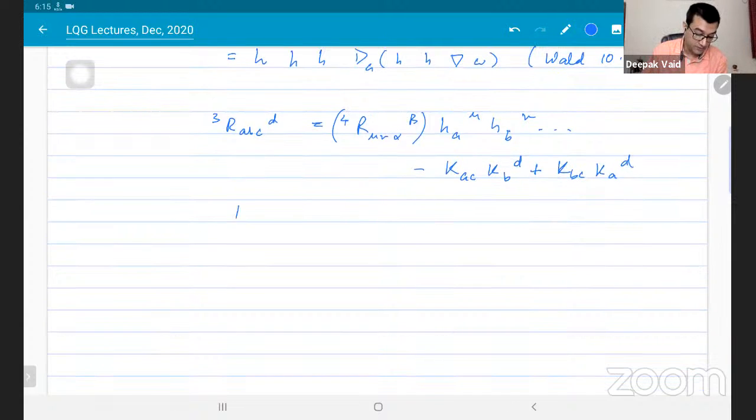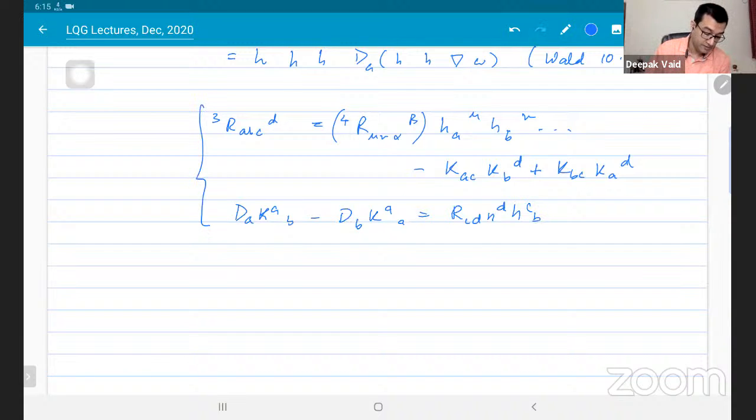Similarly, we can ask what is the action of the covariant derivative on the extrinsic curvature, and we find this relationship, which is equal to R_CD and D.